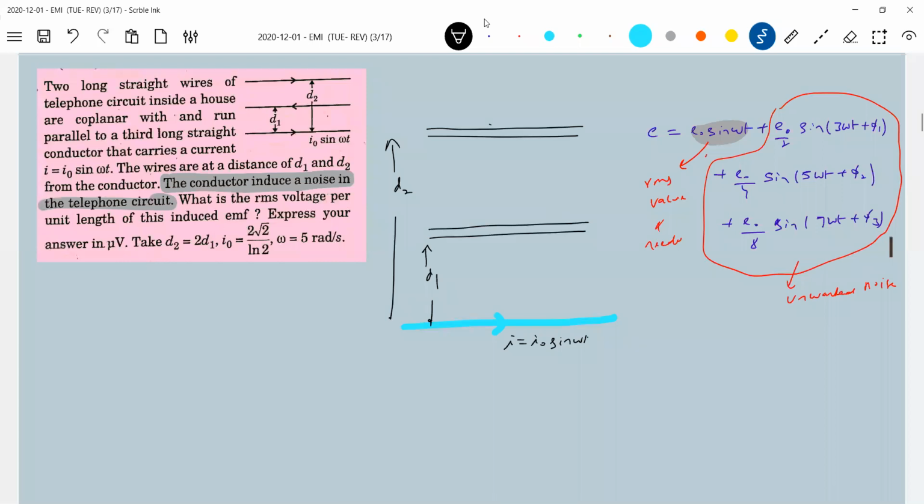So shall we assume a strip here? We'll assume a small strip. It is understood to be long, so write infinity here. Let this distance be dx, at a distance x.